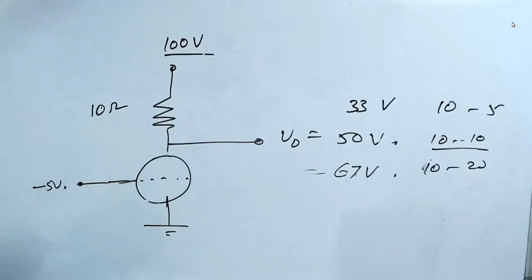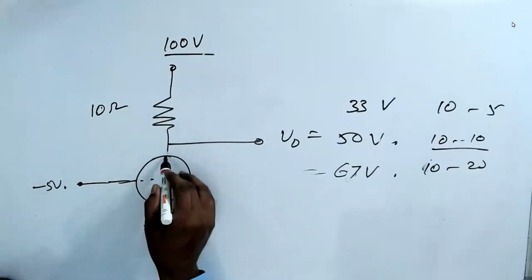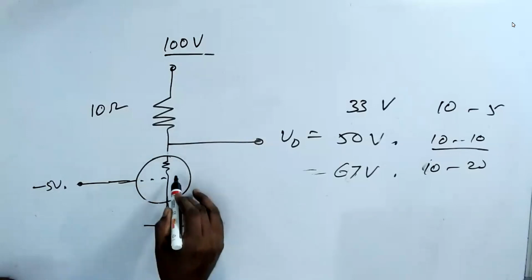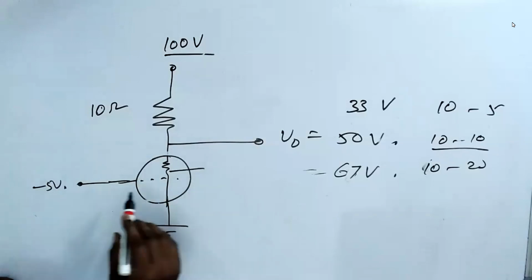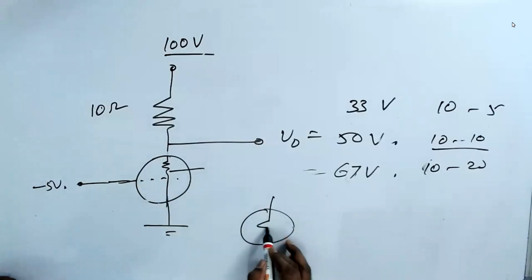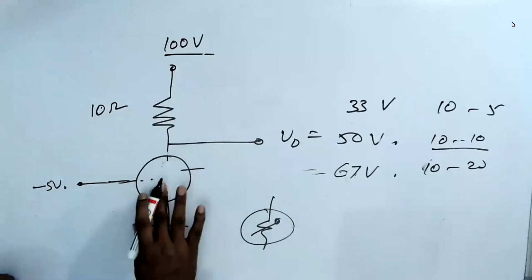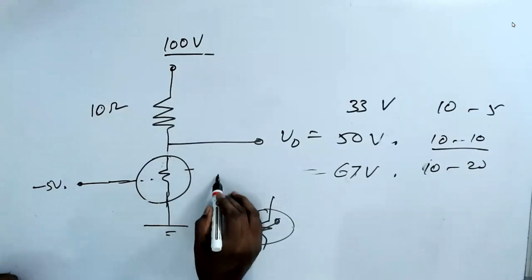At that time this is passing some current. I told you in the previous session that your vacuum tube is nothing but a variable resistor, which you are now controlling by voltage. When I apply minus 5 volt, this resistor value is, let us say, 10 ohm.